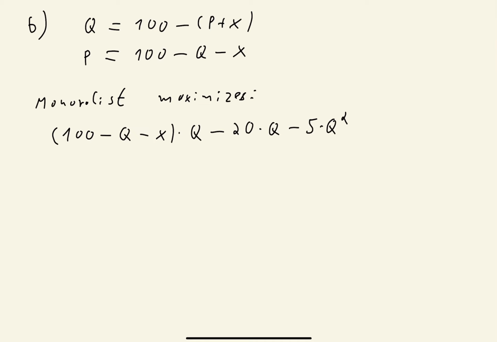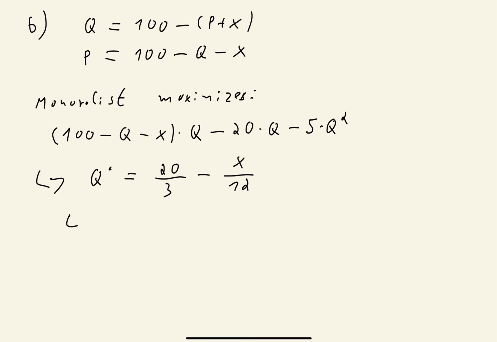So if you derive the first order condition and maximize this, what you get is Q star being equal to 20 divided by 3 minus X divided by 12.